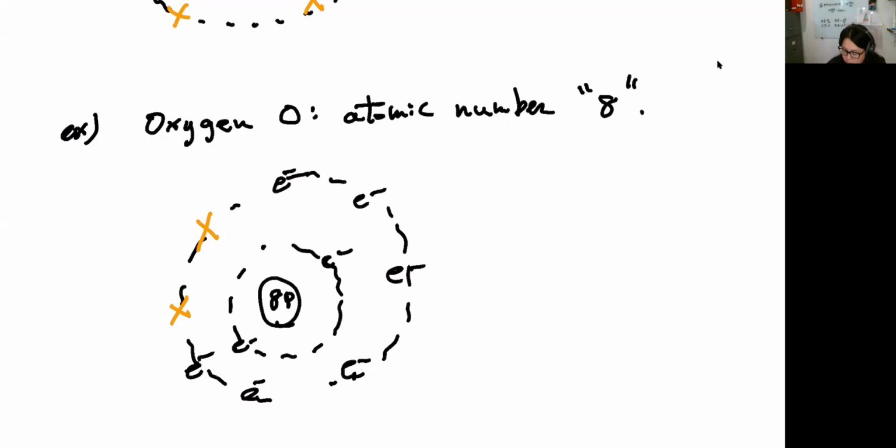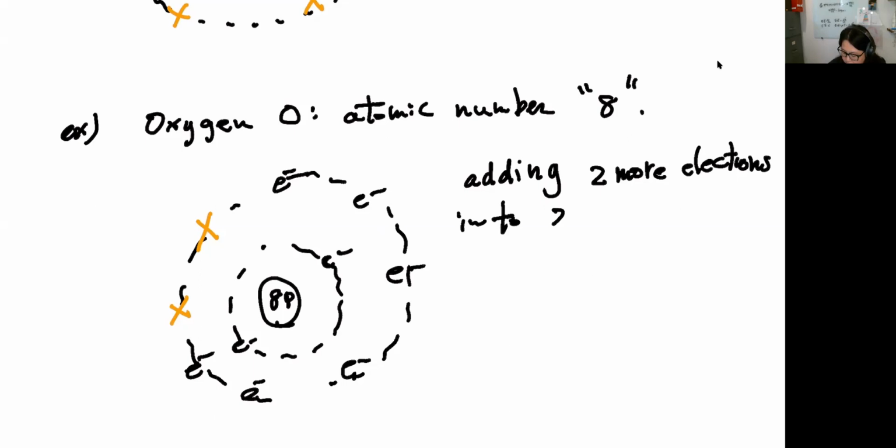So adding 2 more electrons into the second shell is easier. So does the oxygen atom tend to be positively charged or negatively charged?